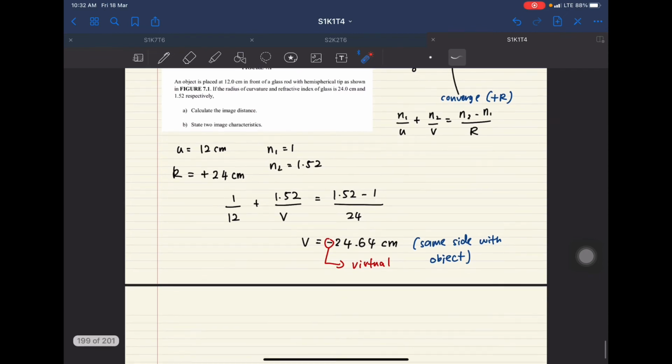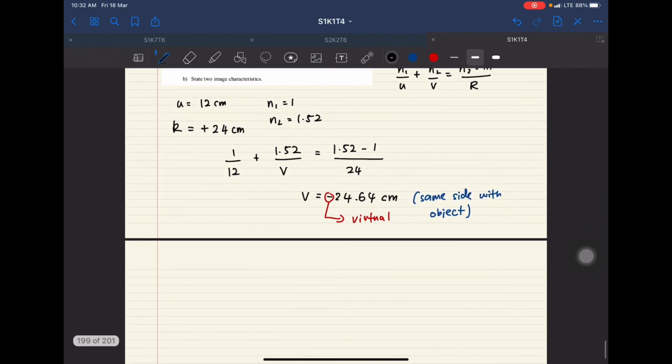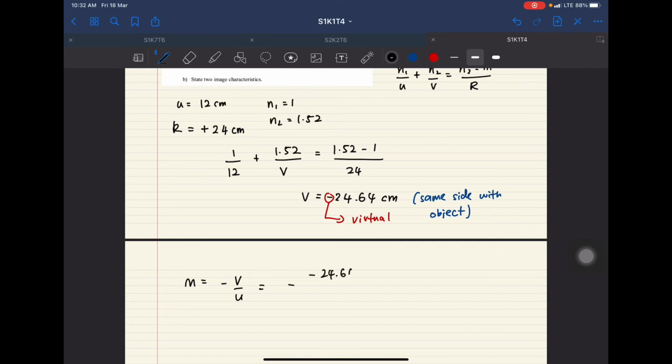Alternatively, which is much easier and much more accurate, we suggest you do the calculation of m, which is negative v over u. So negative 24.64 divided by u, which equals 12. So my m here will be equal to 2.05. It's positive, because negative and negative there.